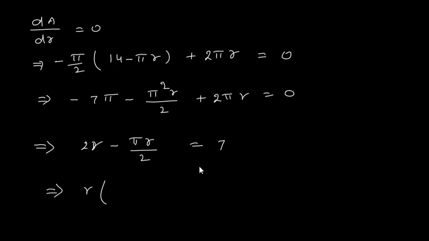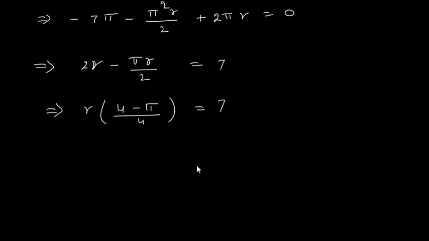Here I have 2 to the 4, 4 minus pi whole divided by 4 equals 7. So the value of r which we get is 7 times 4, that is 28, divided by 4 minus pi. From this first derivative we get r equal to 28 upon 4 minus pi.